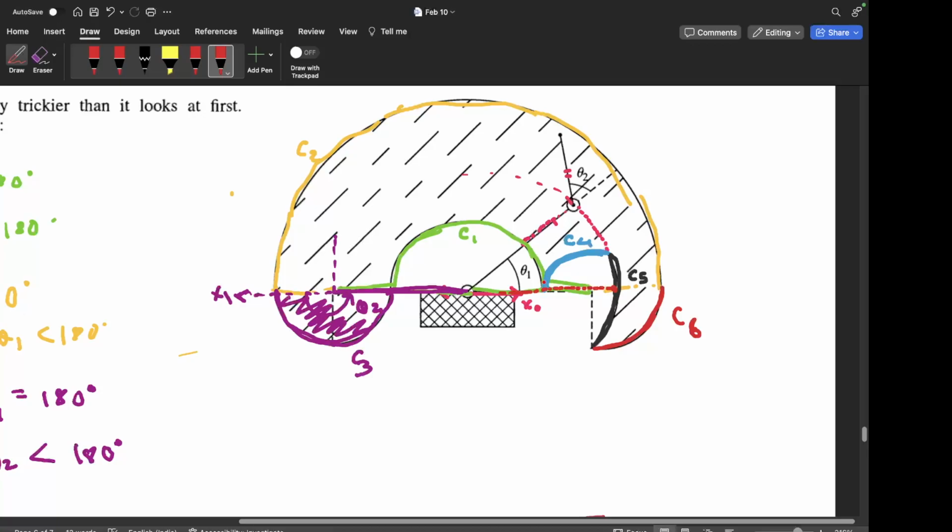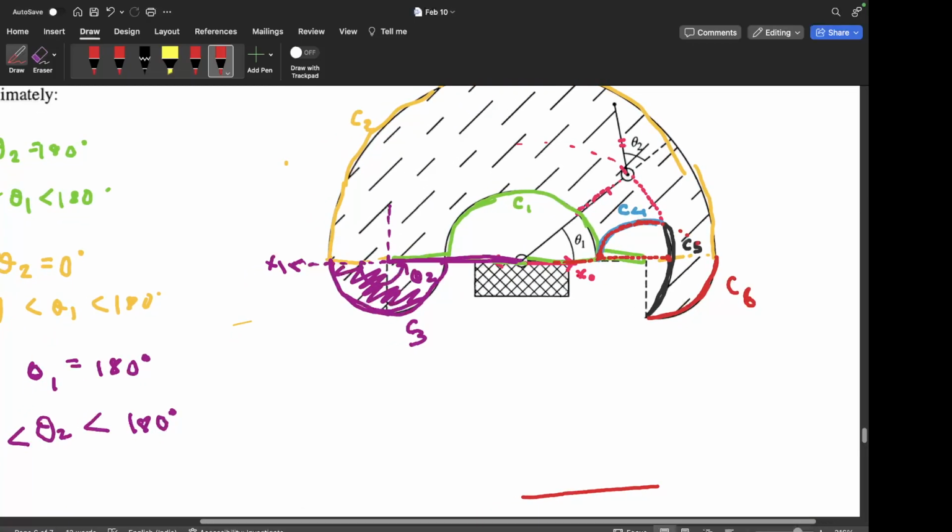So the end effector will be at the start of this blue zone, okay? And as theta 2 decreases from 180, we will move on this path, right? On this path we will move, and the end effector would come back to the other region, the already marked region, right? So that's how we will get the blue space, the C4 line.